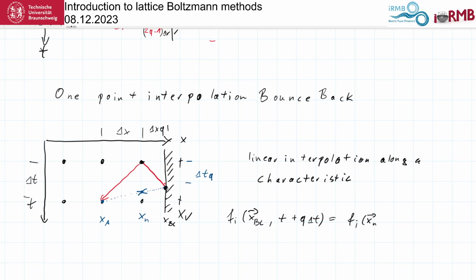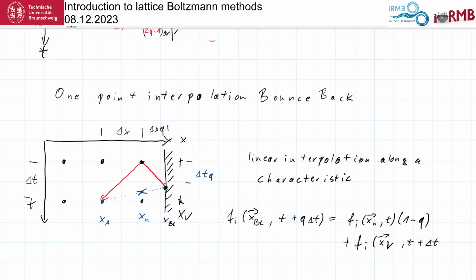So here we have a virtual position inside the wall. So the pre-collision state here, then we have to do an interpolation, 1 minus q coming there, plus f_i at the virtual position, and t at the later time step.